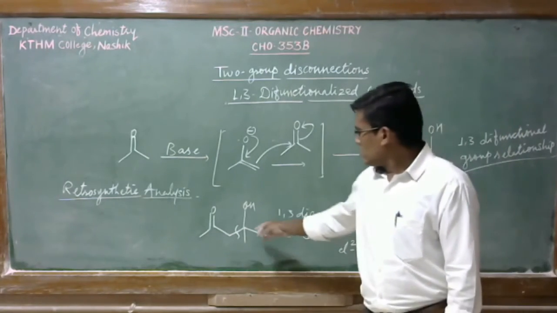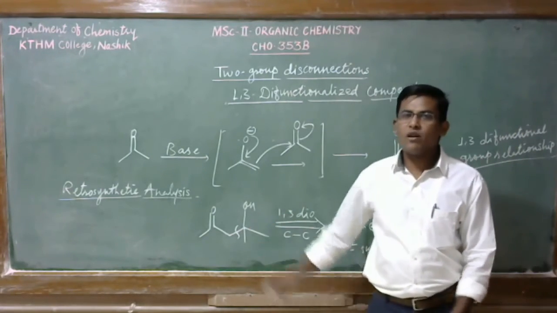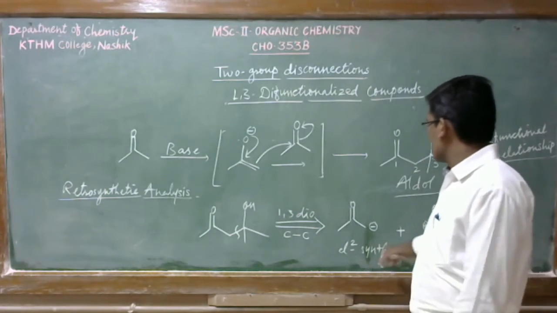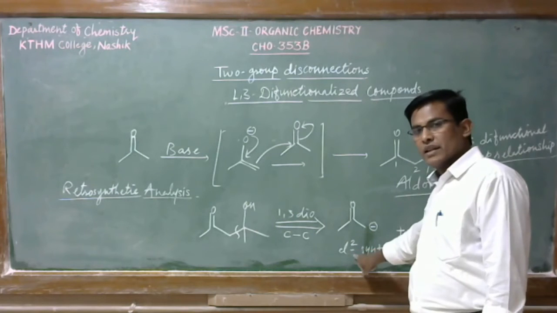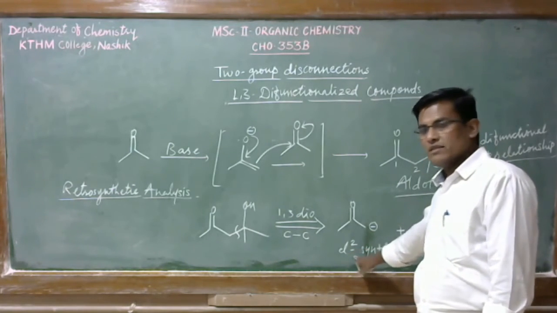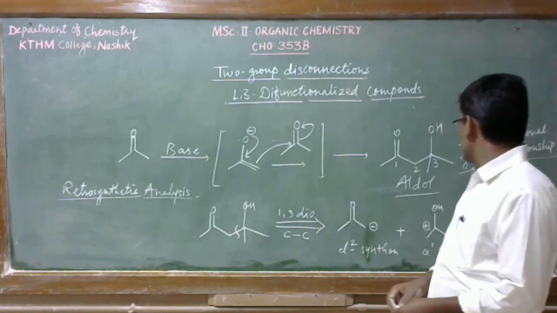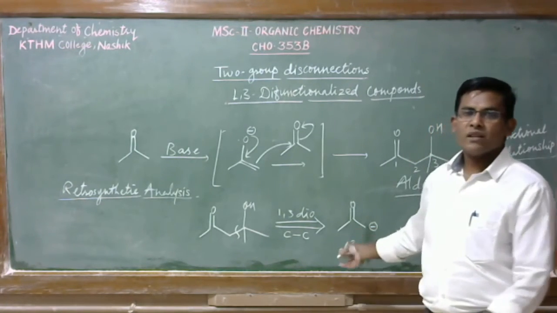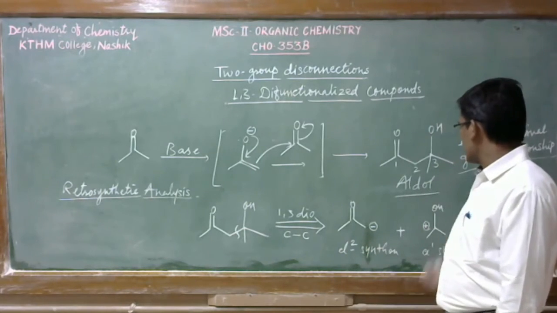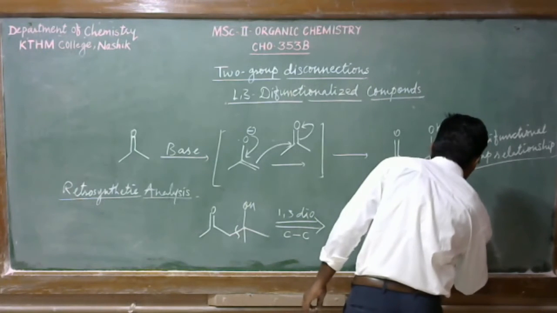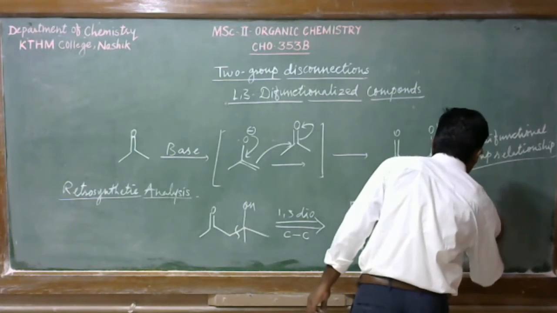When you cleave this bond in the 1,3 disconnection, we get the D2 synthon and the A1 synthon.